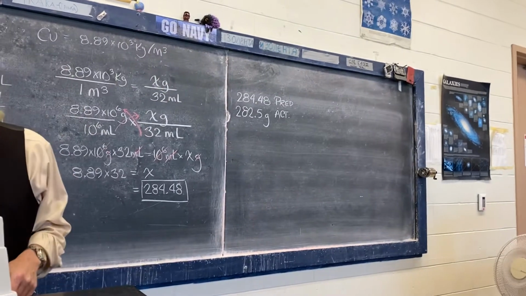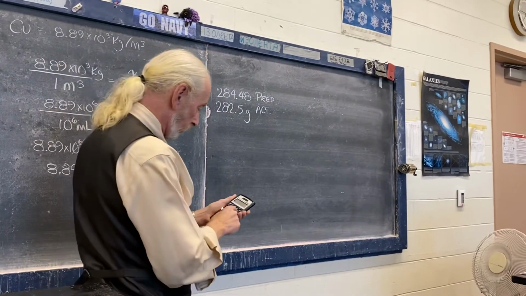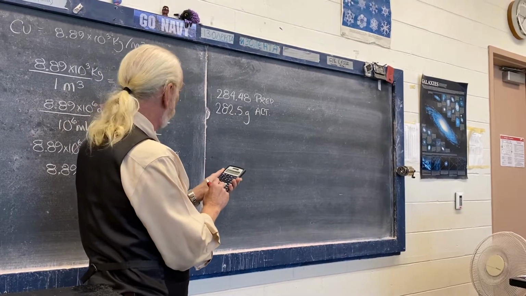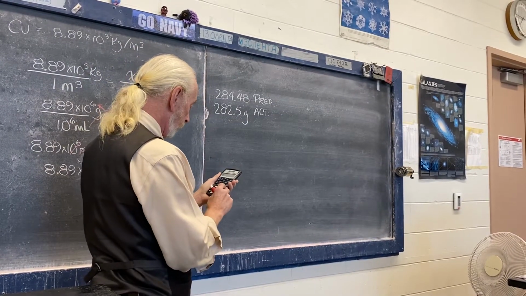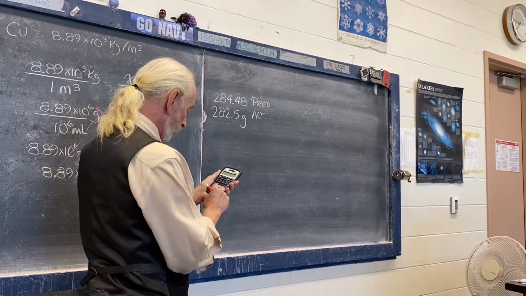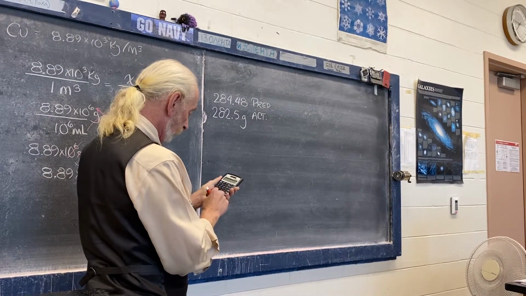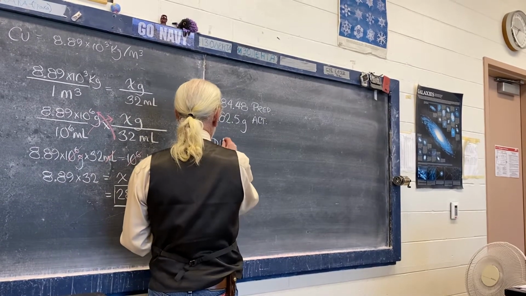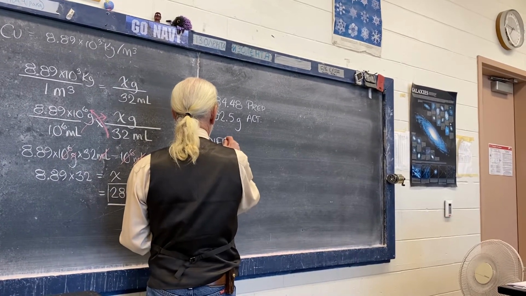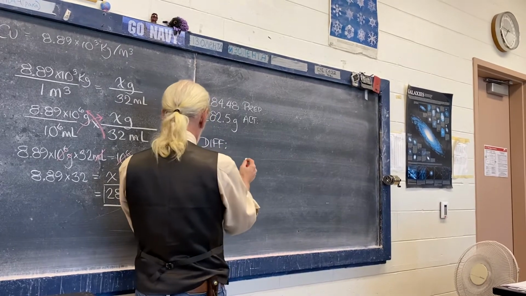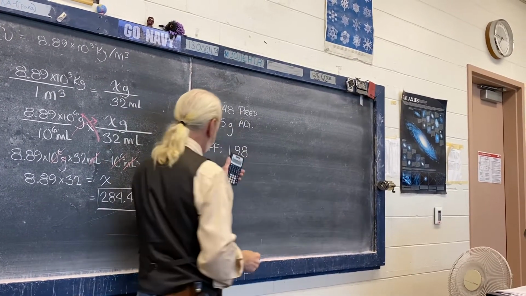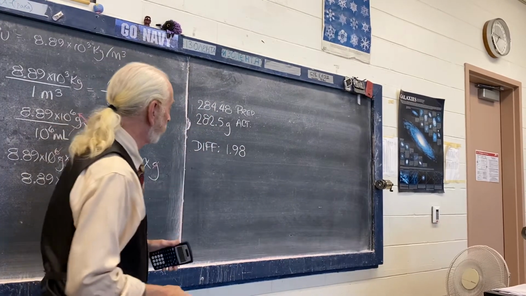So, the difference between the two, 284.48 minus 282.5, the difference of 1.98. I'm going to divide that difference by what I predicted.